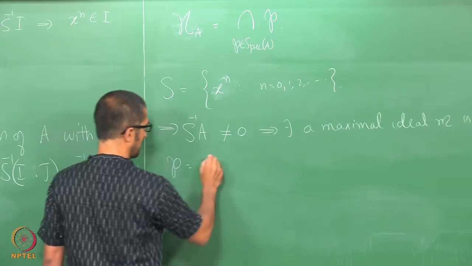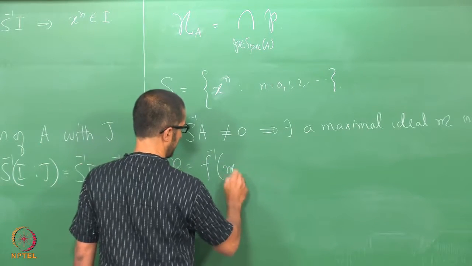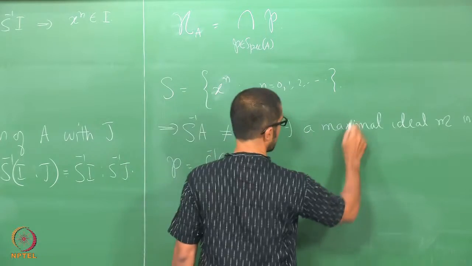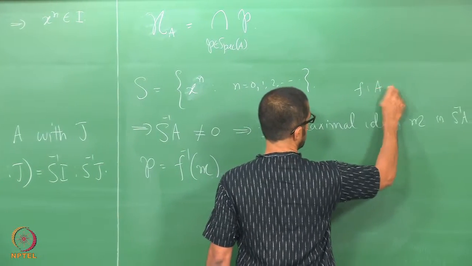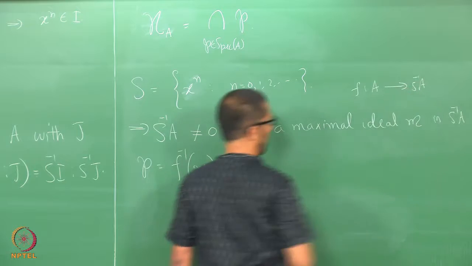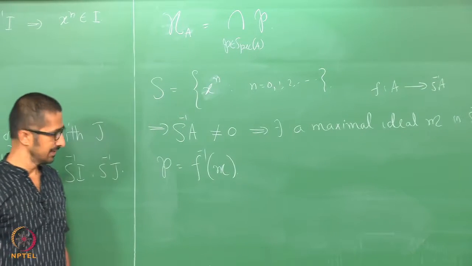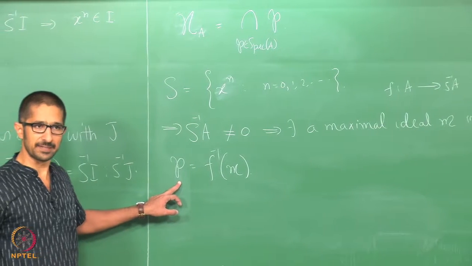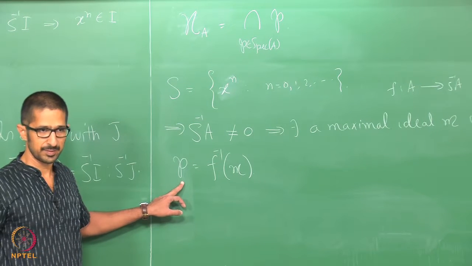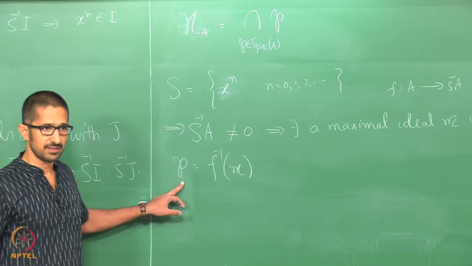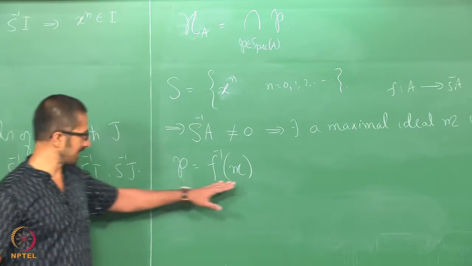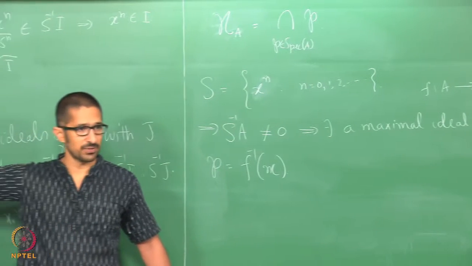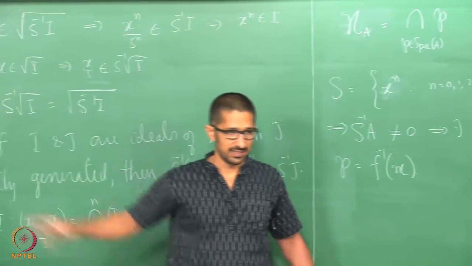If I take P to be f inverse of M, where f is the natural map from A to S inverse A, then this has to be a prime ideal. This is precisely the 1-1 correspondence that we talked about in the beginning of the class today.